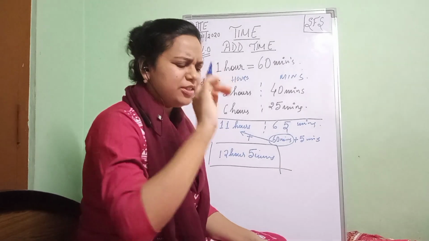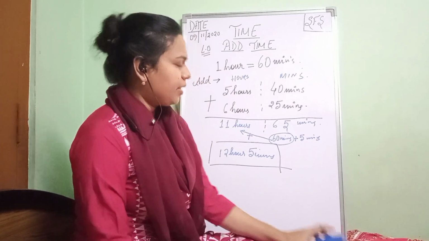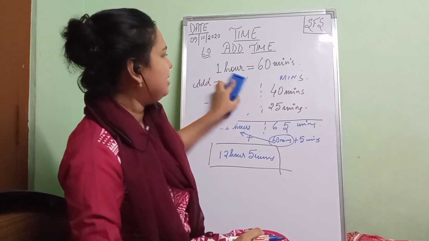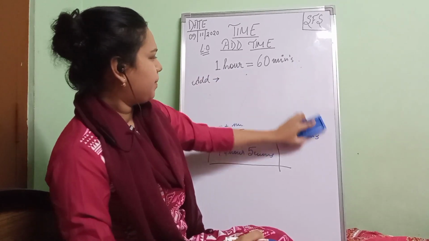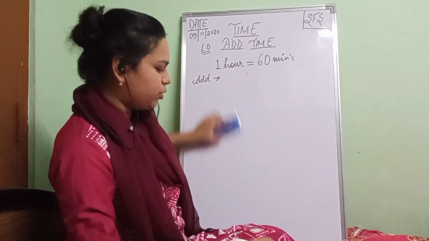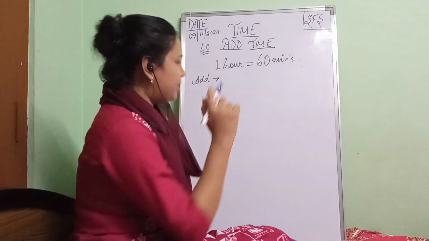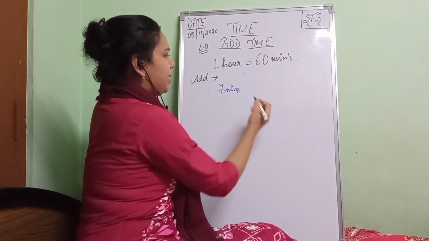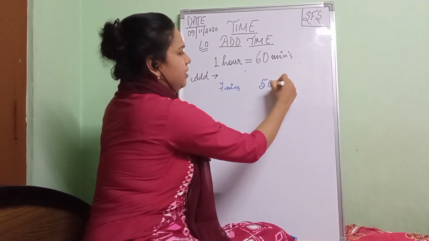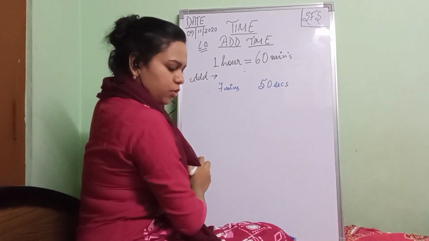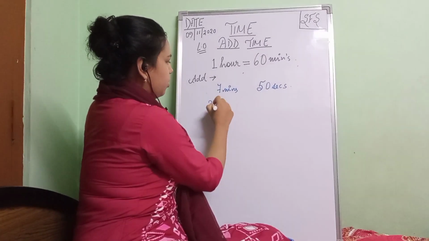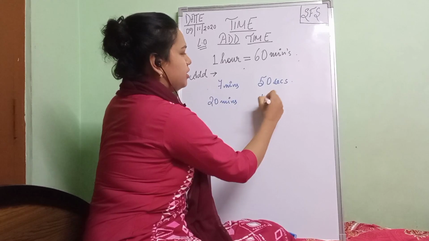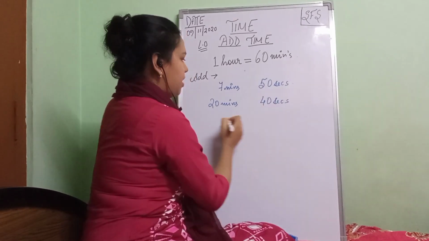Let us take another example. Okay? Let us take another example where we have to add 7 minutes and 50 seconds with 20 minutes and 40 seconds.